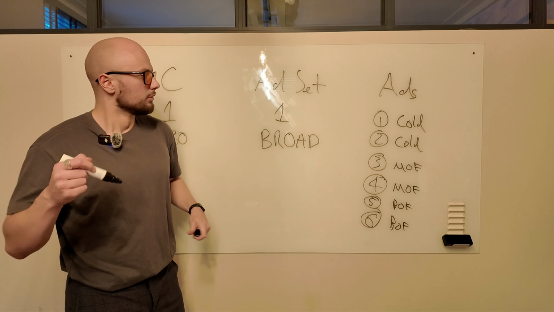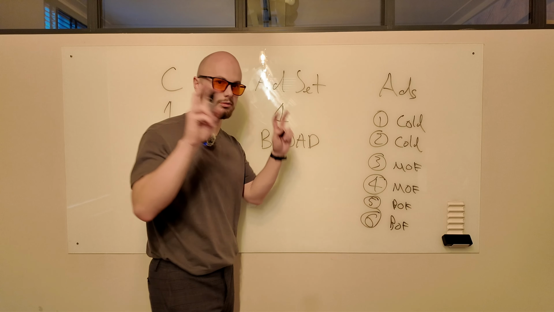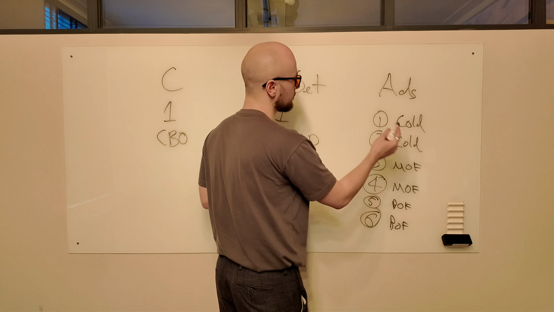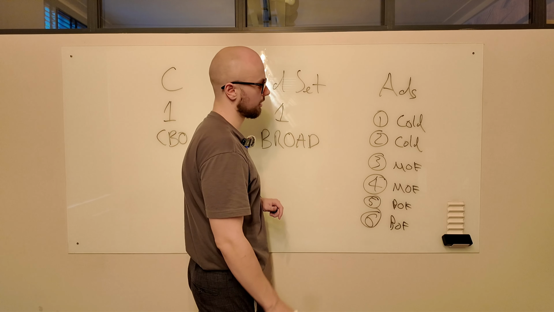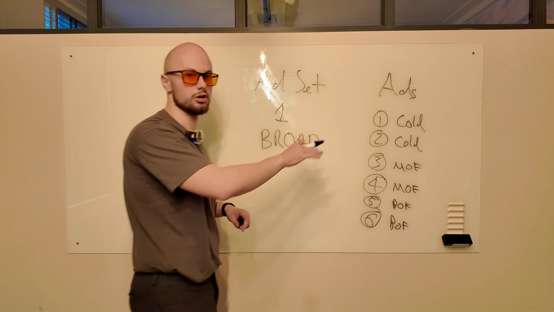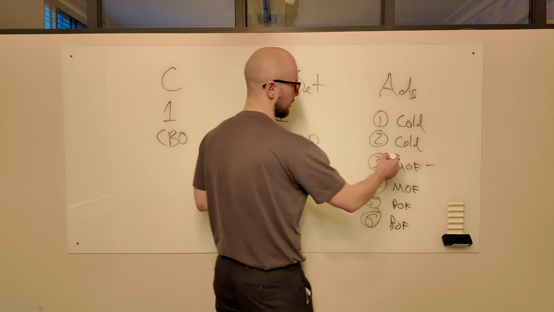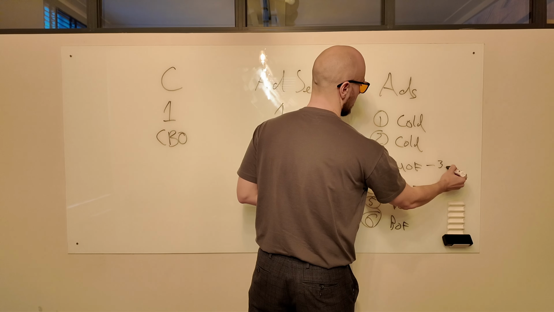So what you'll notice is that you'll have winning, let's call them winning ads from these campaigns. But what most people do, and this is the mistake most people make, is that whatever's coming in at the highest return on ad spend, they just turn off the rest of the ads. So let's say that middle of funnel 1, which is ad 3, is coming in at 3.5, right?